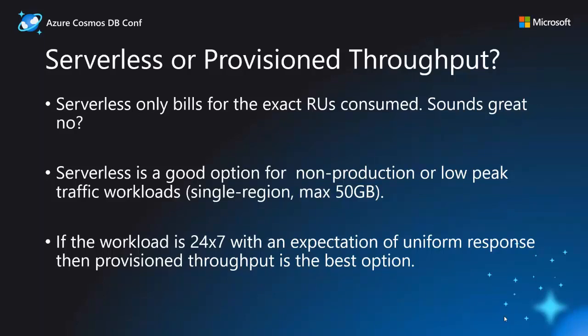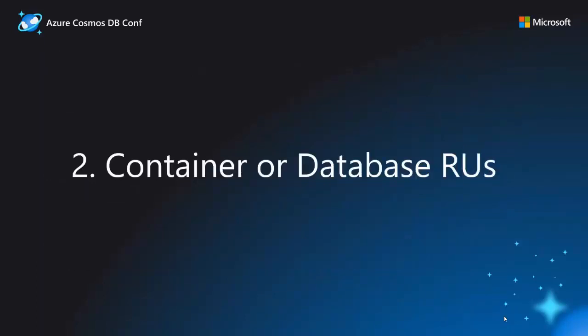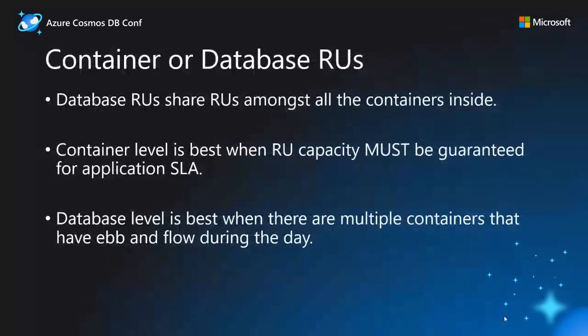Second, we have the choice of whether we do container request units or we do database request units, right? So database request units will share the request units amongst all the containers inside of it. So that allows you to share resources and not waste as many request units, right?